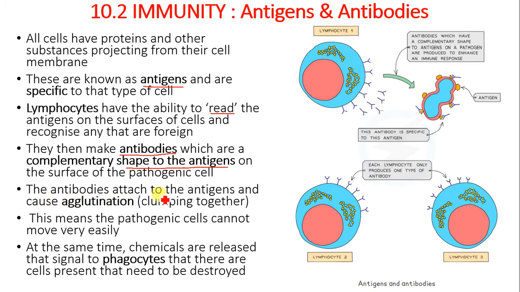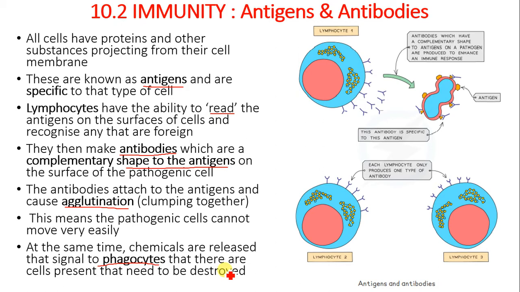The antibodies attach to the antigen and cause agglutination, that's clumping together. This means the pathogenic cells cannot move very easily. At the same time, chemicals are released that signal to phagocytes that there are cells present that need to be destroyed.